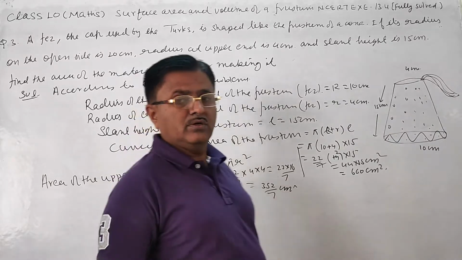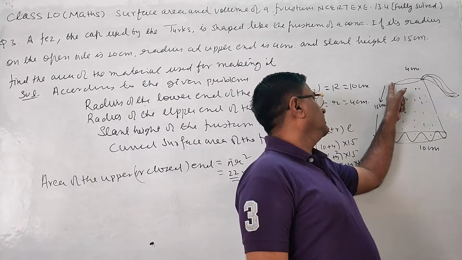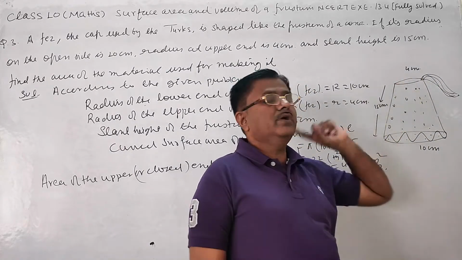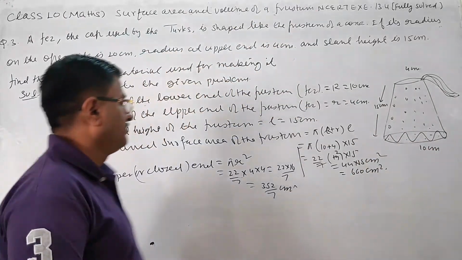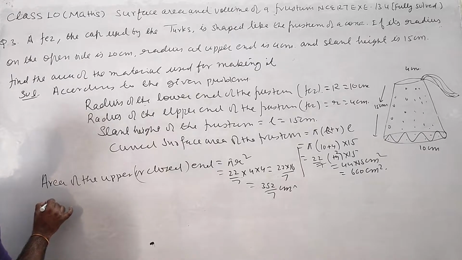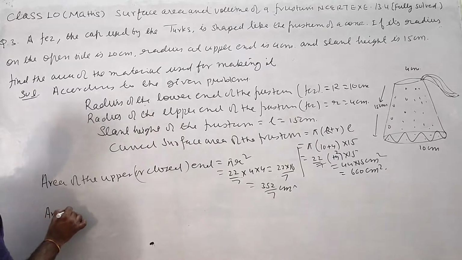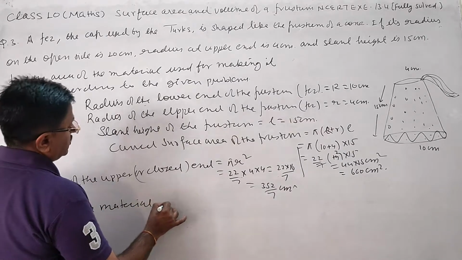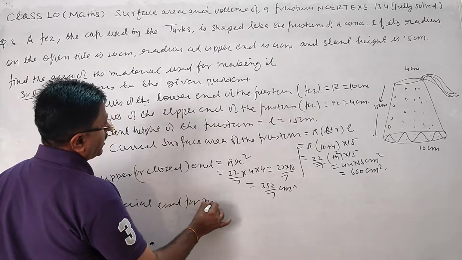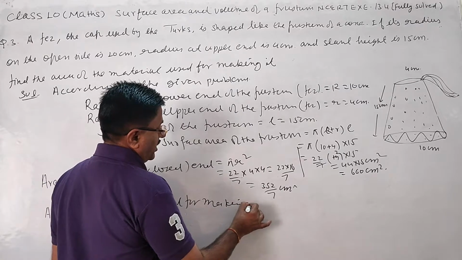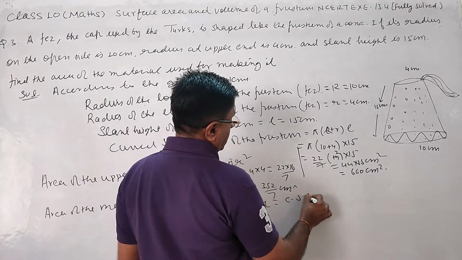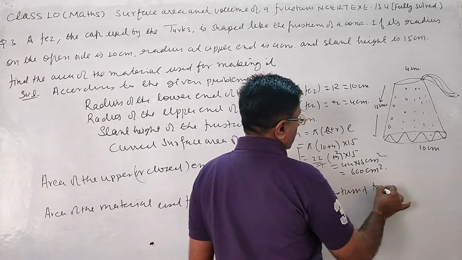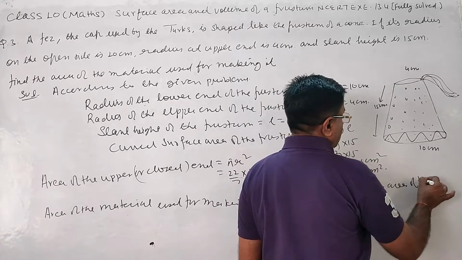Now dear student, we want to find the material. So how much area is covered by this material? This curved surface plus this top area. So that we have to find out. So see, area of the material used for making the cap equals curved surface area of frustum plus top area of the frustum.